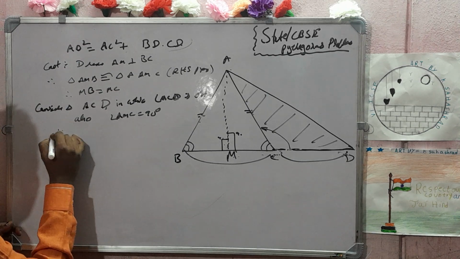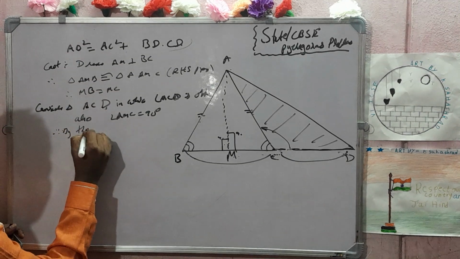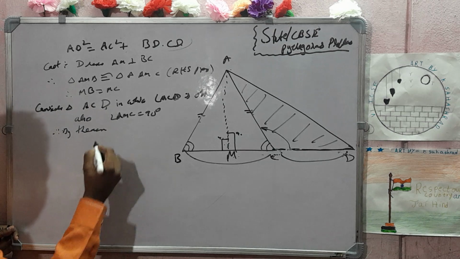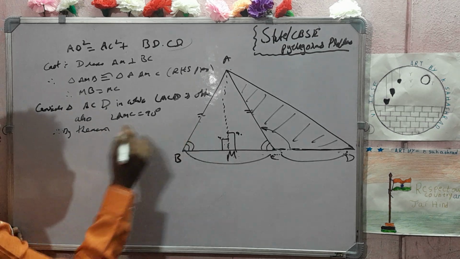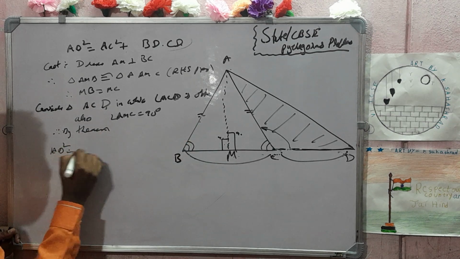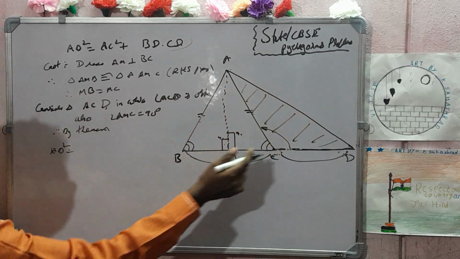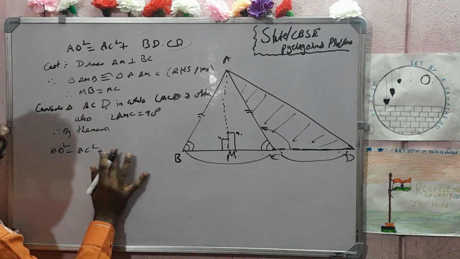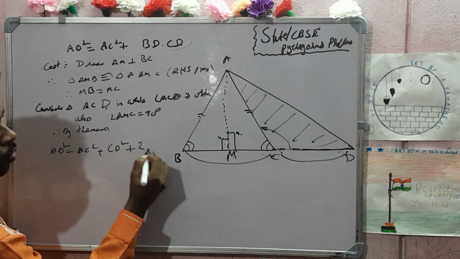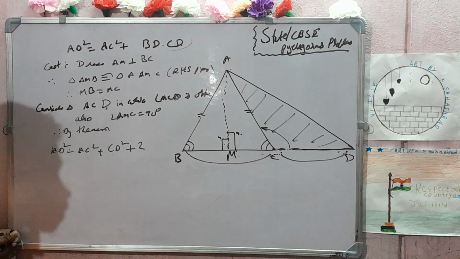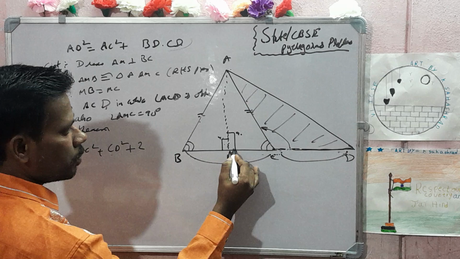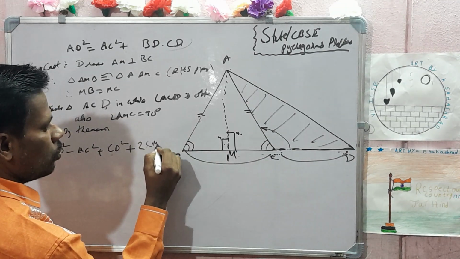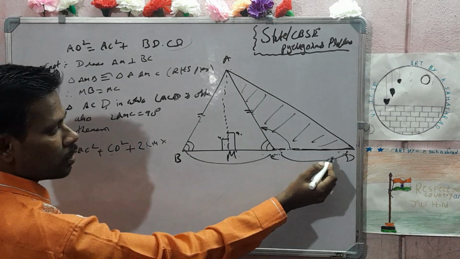Therefore, by the theorem, AD square is equal to AC square plus CD square plus twice the product of the parts of the base. The product of the parts of the base means 2 into CM into CD.